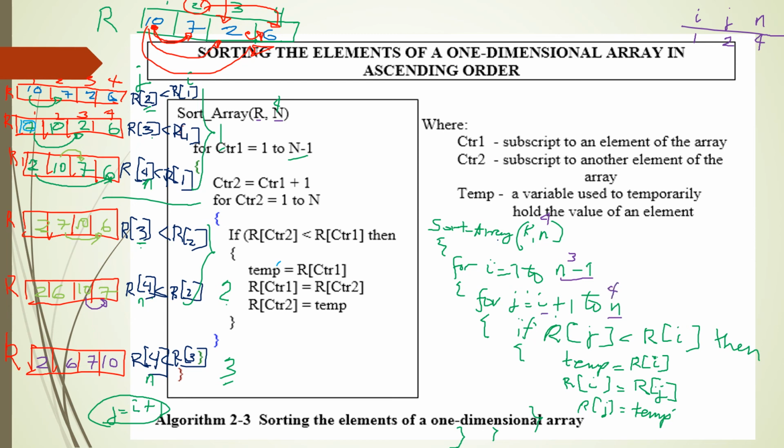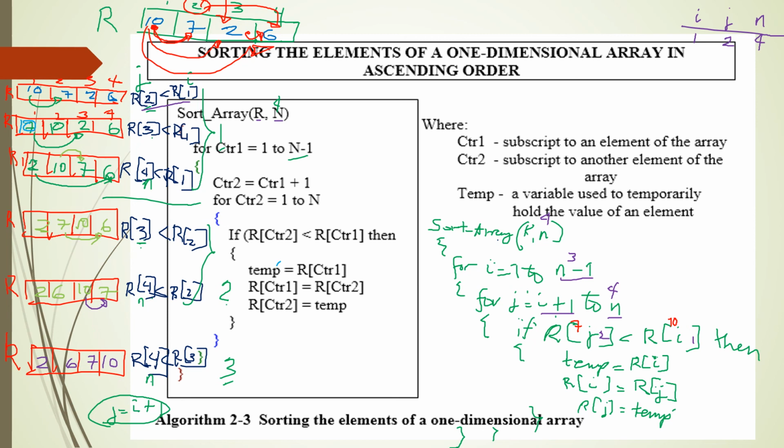Okay? So, ito compound siya. So, if R sub j is 2, okay, I is 1, okay, ito yun. Diba? So, R sub 2 less than R sub 1. R sub 2, we are referring to the value 7. Yan. We are referring to 7. And R sub 1, we are referring to 10.